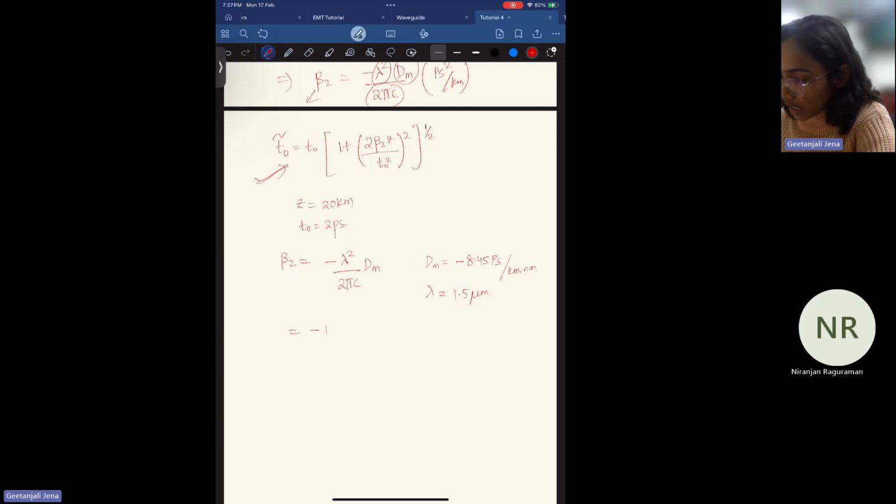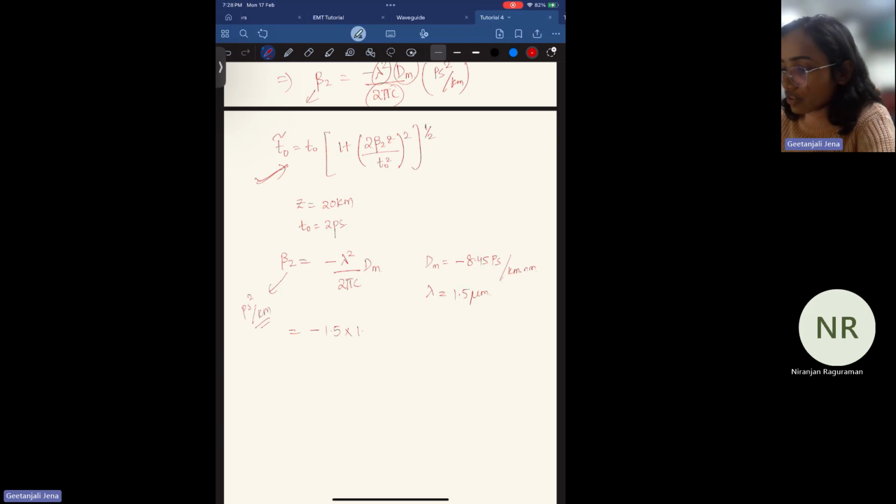So here you can take minus 1.5, and we need to express the wavelength in terms of kilometer so that it cancels, so that we can get beta 2 in terms of picosecond square per kilometer.